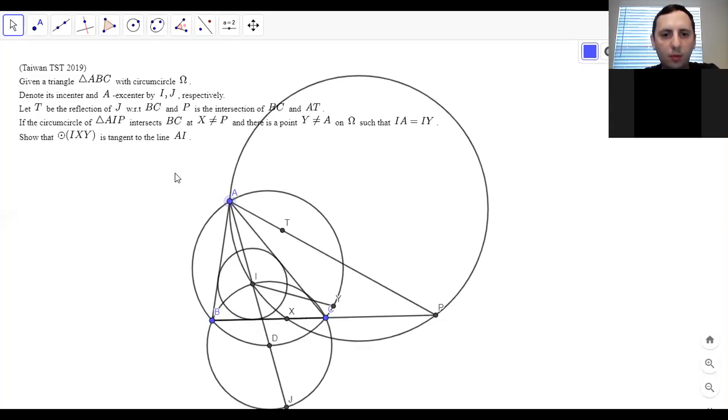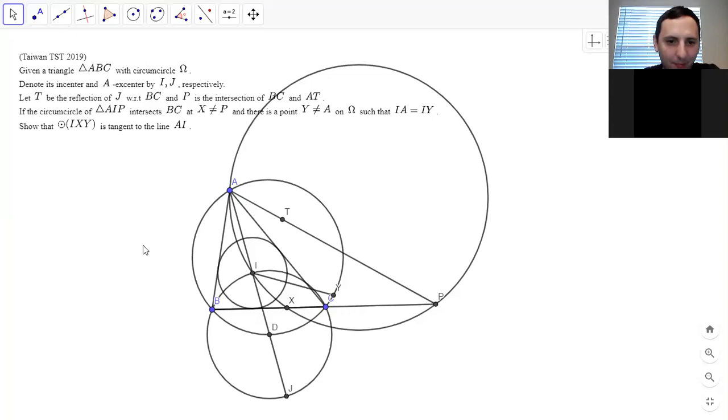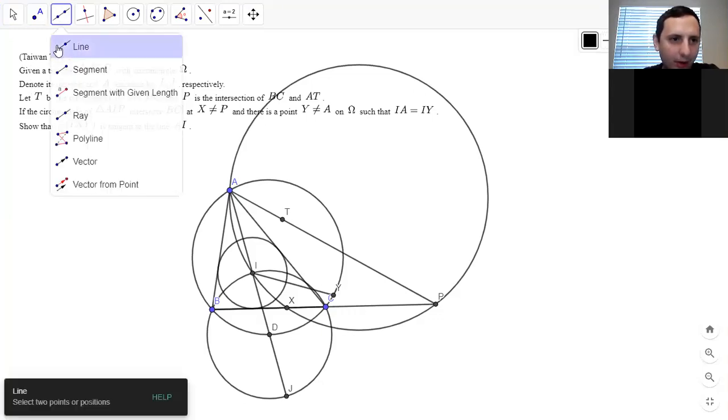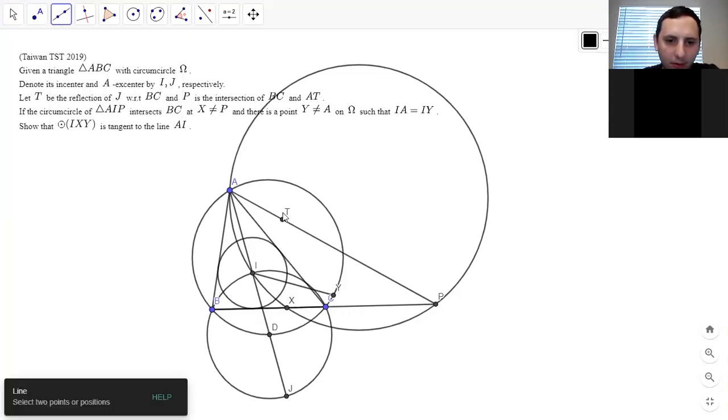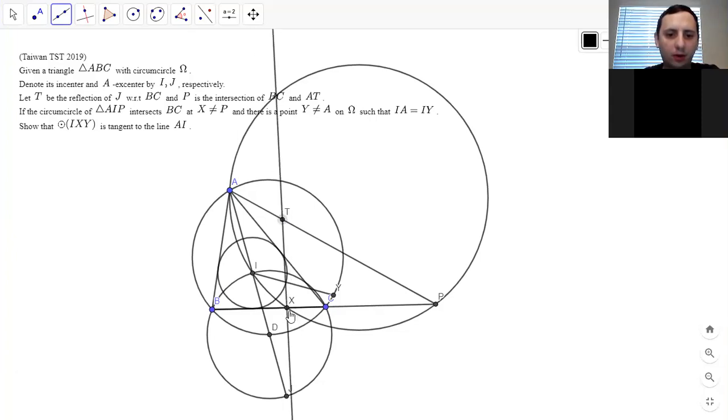Oh, not anymore. I don't think TX and J are collinear. Oh, of course, T is a reflection of J, so they're not. I'm not sure of the best way to show that T is the reflection.